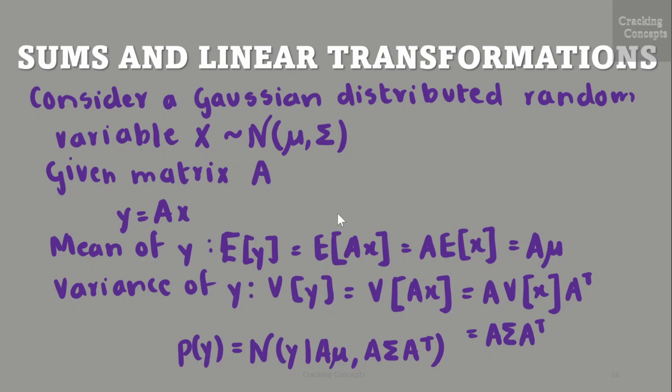Similarly, the variance of y can be found as V of y, which is the same as V of Ax. Now, taking out A, we will multiply it with A transpose, that is A times V of x times A transpose. V of x will be replaced by sigma, which gives A sigma A transpose. This means that the random variable y is distributed according to P of y, which is a normal distribution with mean A mu and variance A sigma A transpose.